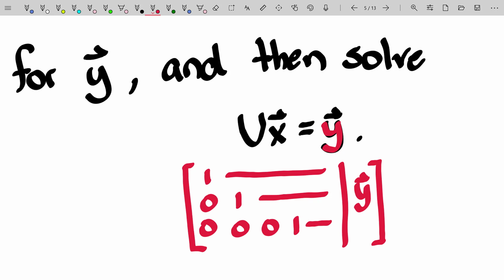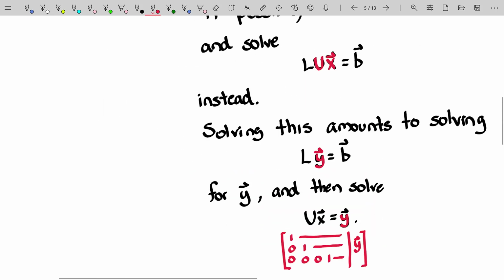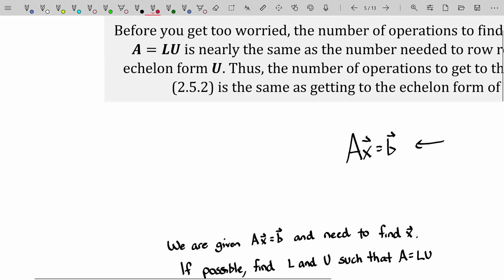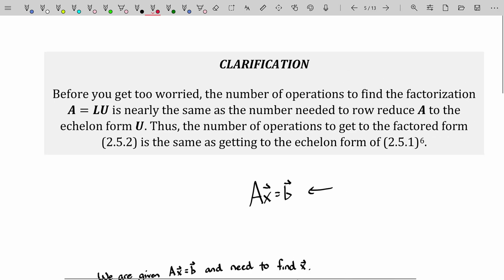And I said it earlier that the number of operations, I think it was on this page, yeah, the number of operations to factor A into L times U is roughly equivalent to the number of operations in the forward phase of the reduced row echelon process. So you're going to do that no matter what with A. You're going to do the forward phase anyway. So doing that amount of work to get to an echelon form is not a waste.